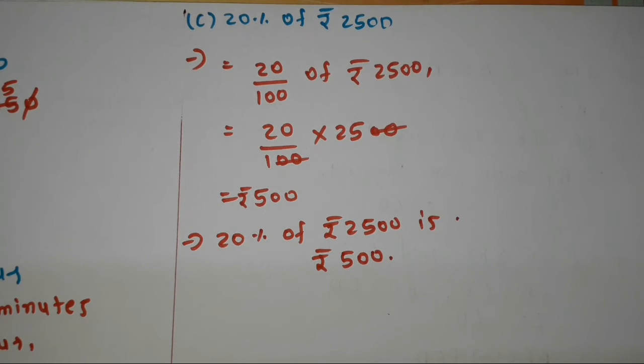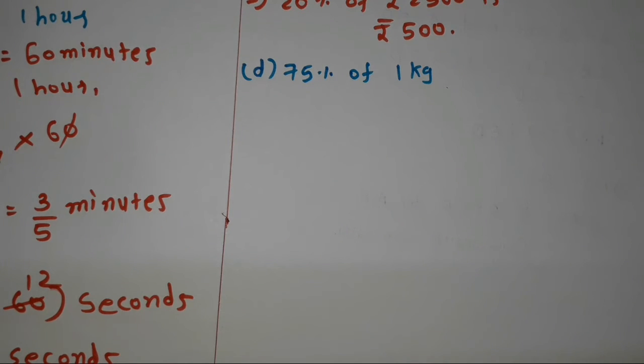So what we have done here: first we removed the percentage by dividing by 100 and multiplying by the amount which is given, and by that we got the 20% of rupees 2500, which is rupees 500.